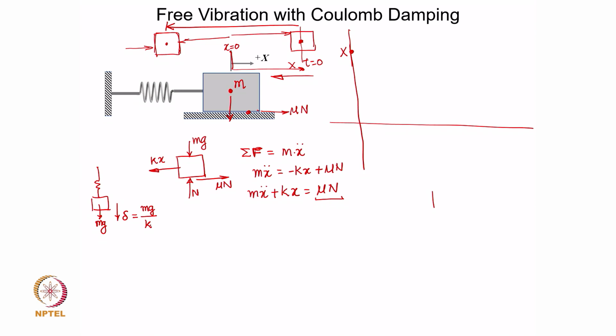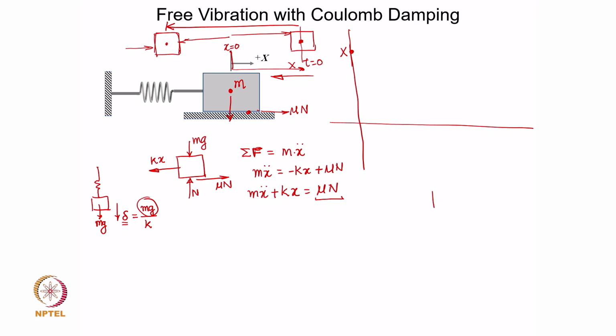That is what the spring rate is. Mg over delta is the spring rate. So, if k is the spring rate of the spring, then a constant force like mg created a static deflection delta. On similar lines, the response because of the constant force mu N is going to generate a deflection which is mu N by k, is it not, right.